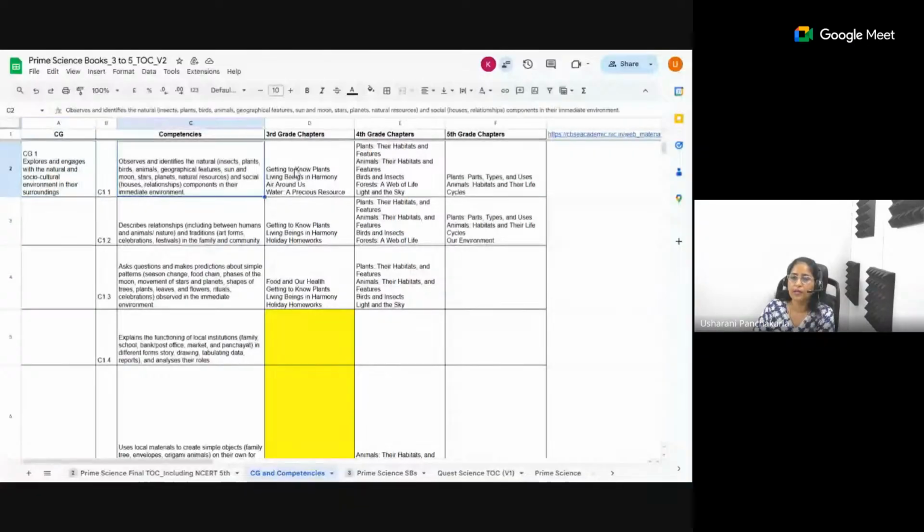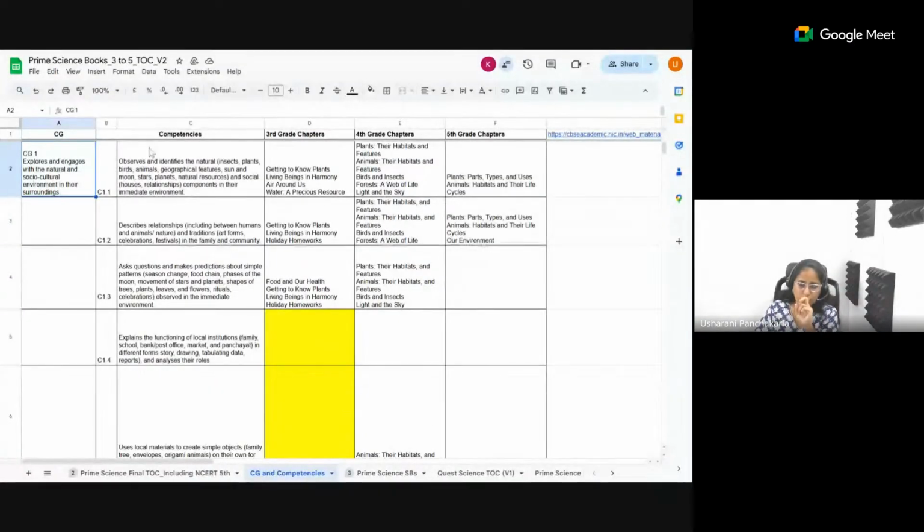So this is a slide that you can see. You can check here, these are the competencies and these are the curricular goals. CGs are the curricular goals and these are the competencies. You can see this is what the CBE is about.